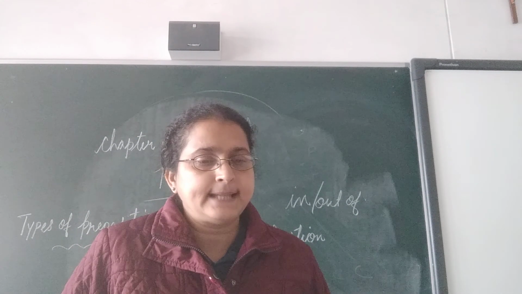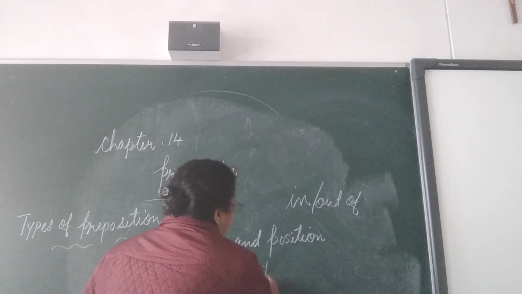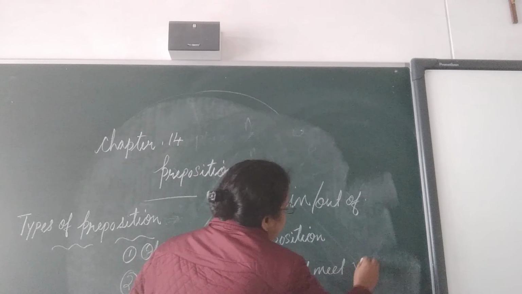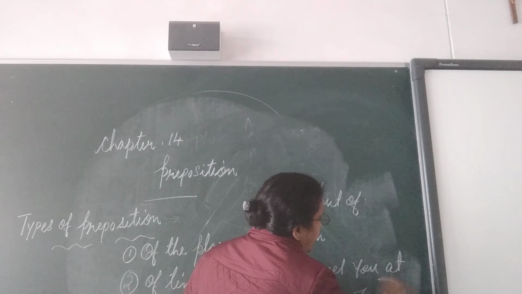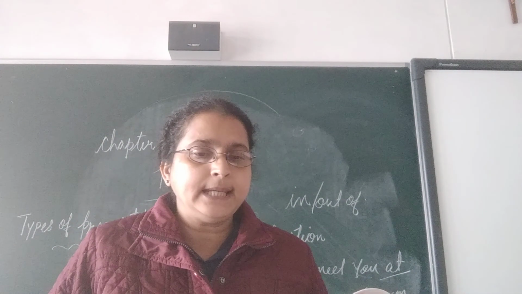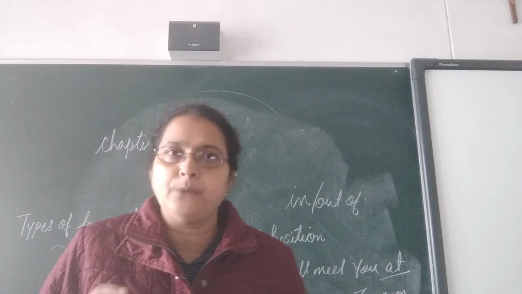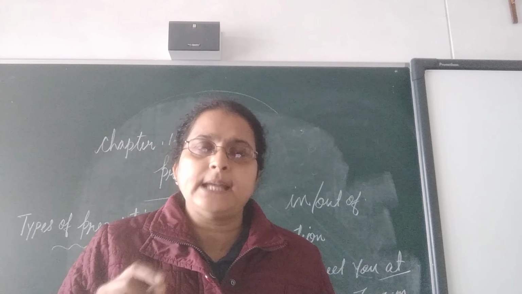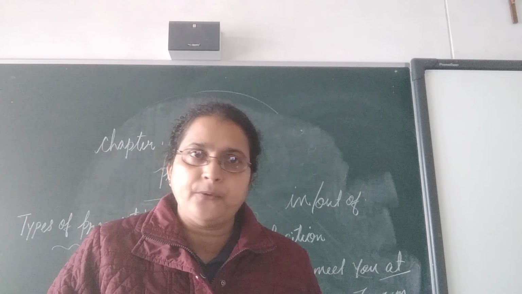The first sentence, I shall meet you at 7 o'clock. Here at is used to give the information about the exact time of the meeting. At what time are you going to meet? At 7 a.m. It indicates the time of meeting.